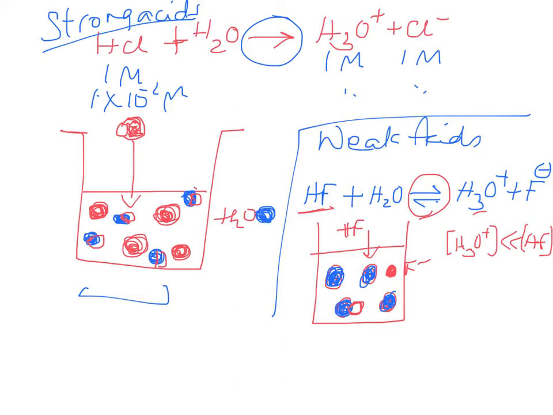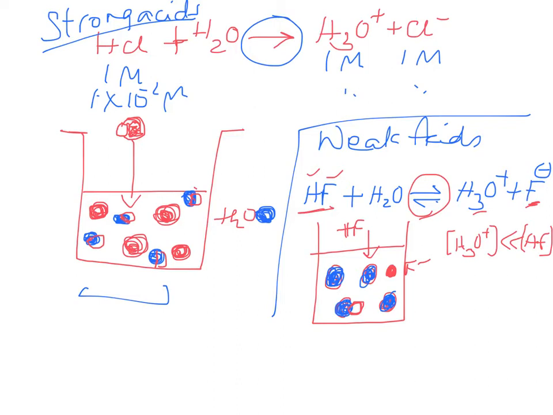Now, the degree to which an acid is strong or weak depends on the attraction of the anion of the acid, that is the conjugate base, and the hydrogen ion. That means how well it's going to ionize really depends on how well the F and H are bonded to each other. If you can break that bond, then of course, the acid is going to be considered strong.